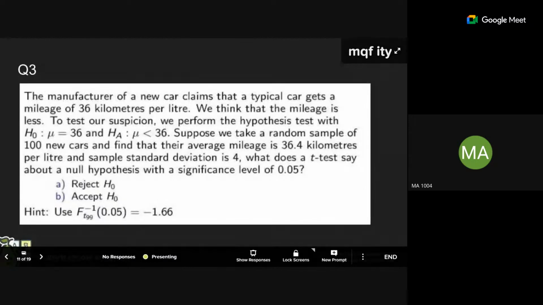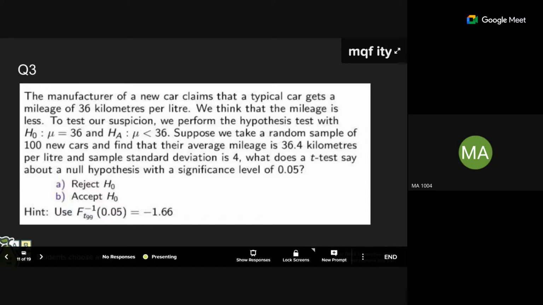Okay. So the next question is about a manufacturer of a new car who claims that a typical car gets a mileage of 36 kilometers per liter. Okay, this is the claim, so obviously we will be testing against this claim. We think that the mileage is less. To test our suspicion, we perform the hypothesis test with this null: the mileage is equal to 36 or less than 36.